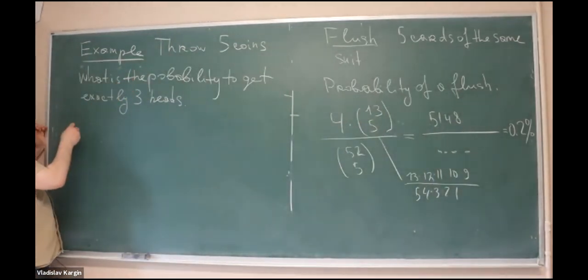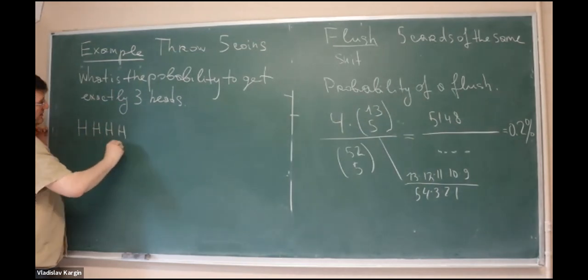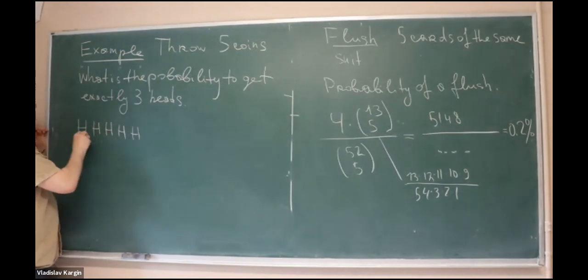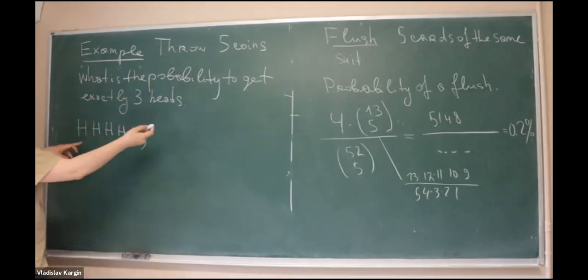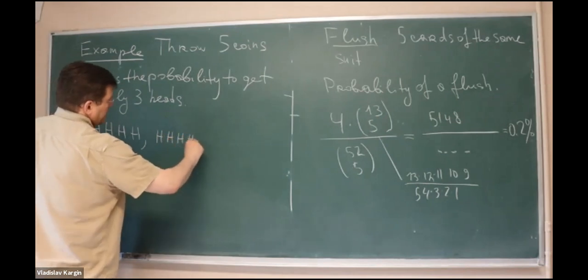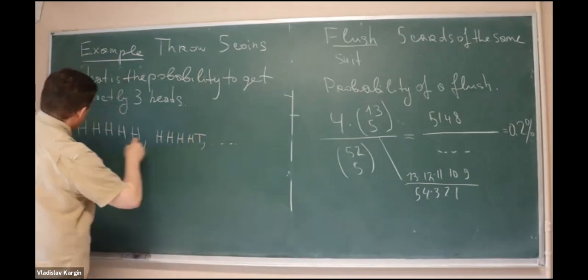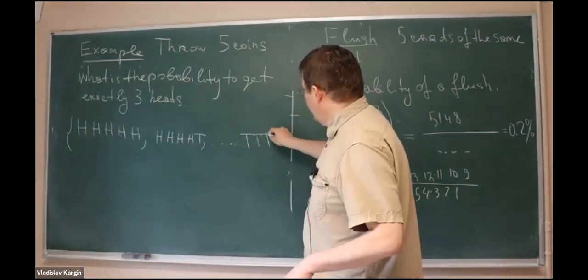So let us look at 5 coins. One possibility would be head, head, head, head, head. Another would be something like head, head, head, head, tail, and so on. And the final would be tail, tail, tail, tail, tail.